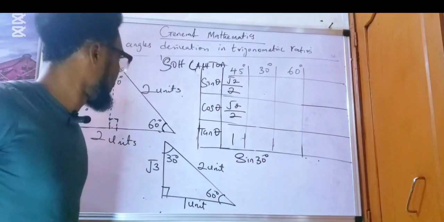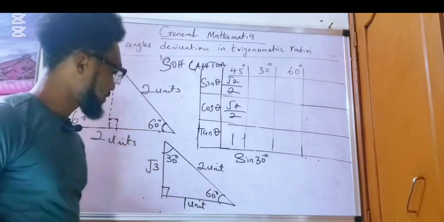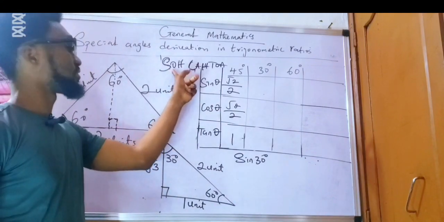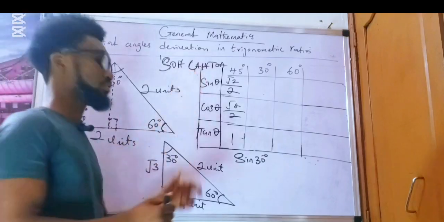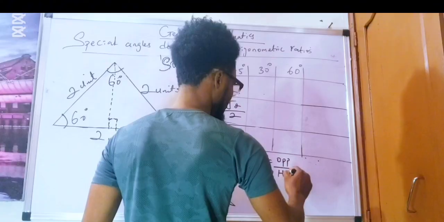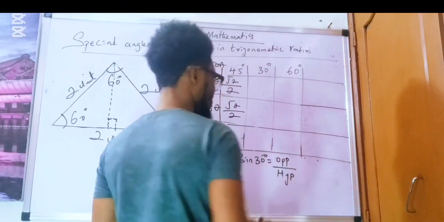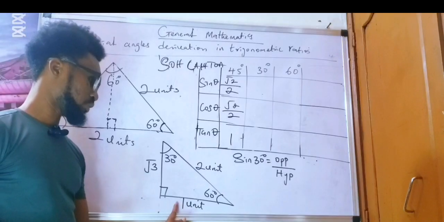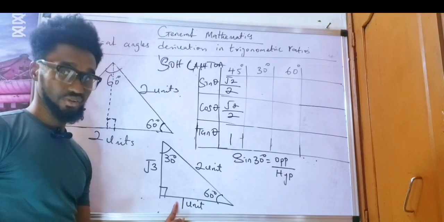Considering the sine of 30 degrees, sine theta is equal to what? Opposite over hypotenuse. So we have opposite over hypotenuse for sine of 30 degrees. And here now, what is our opposite? Our opposite is 1 unit.